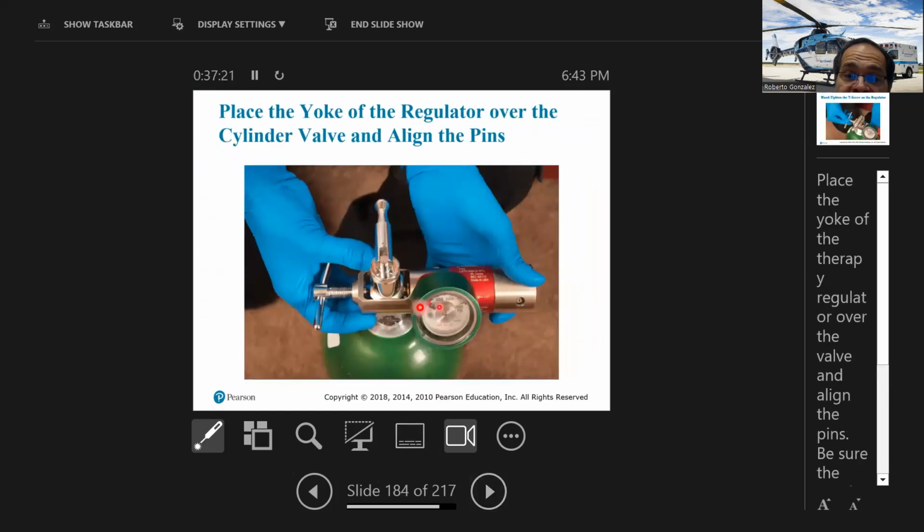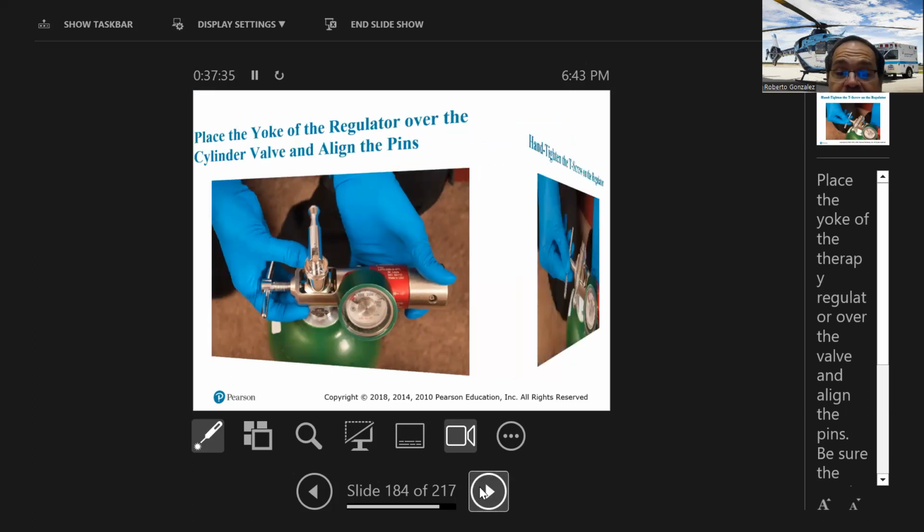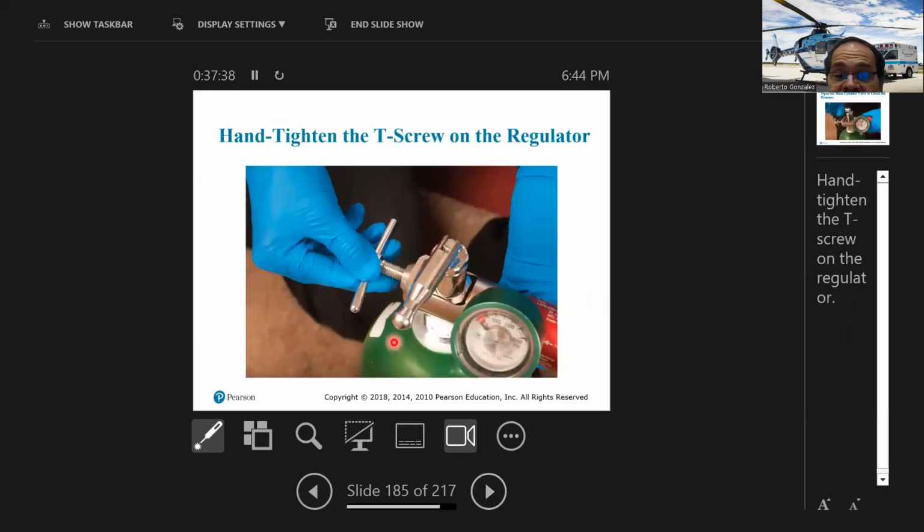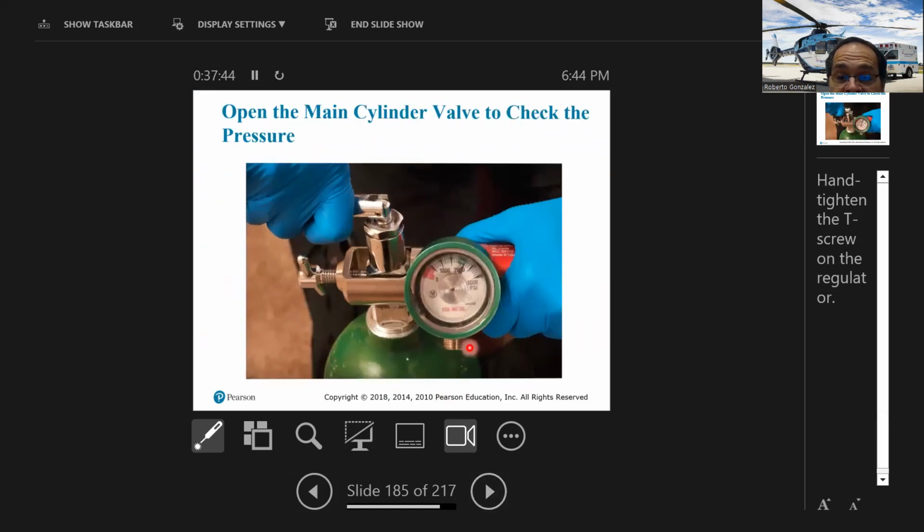Put the device, which is a regulator itself, and remember in the regulator there's an O-ring right here, that sometimes people forget to check for. Tighten it up, finger tight. And this is when you crank it open again to see how much you have.